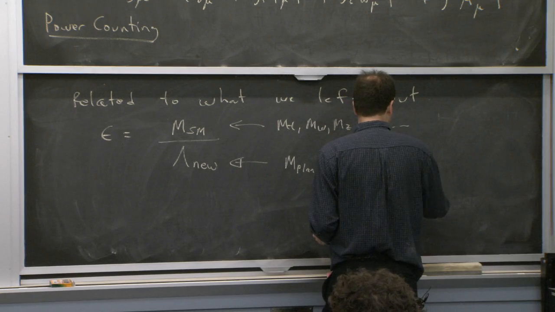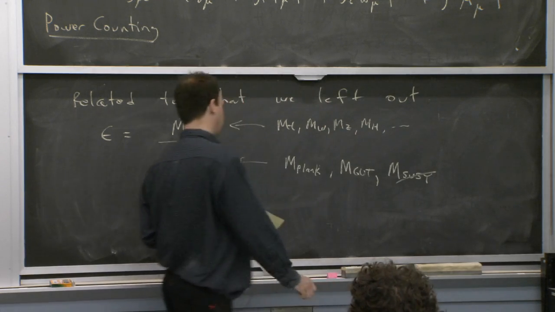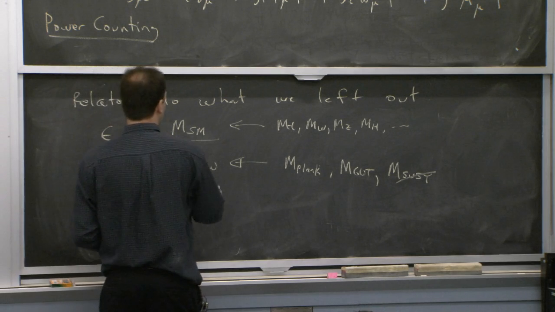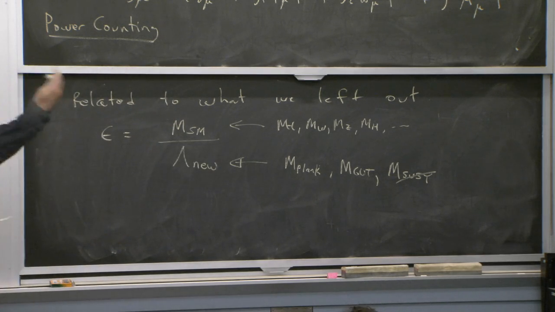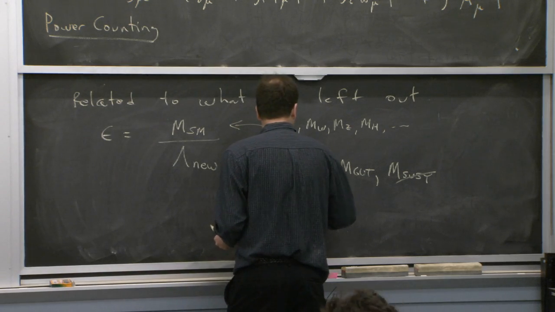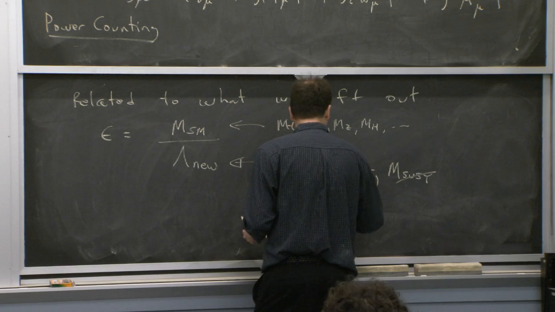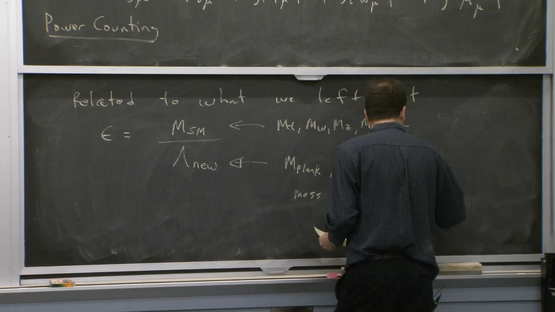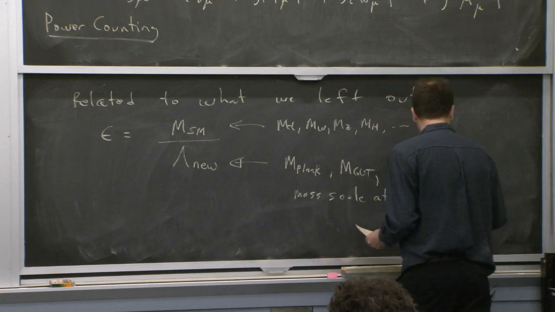If we had supersymmetry and we broke it, that would go in the denominator. So from this effective field theory point of view, any physics that we've left out of the standard model description is anything that generates a higher energy scale, and that goes in the denominator. And this is what we expand in.